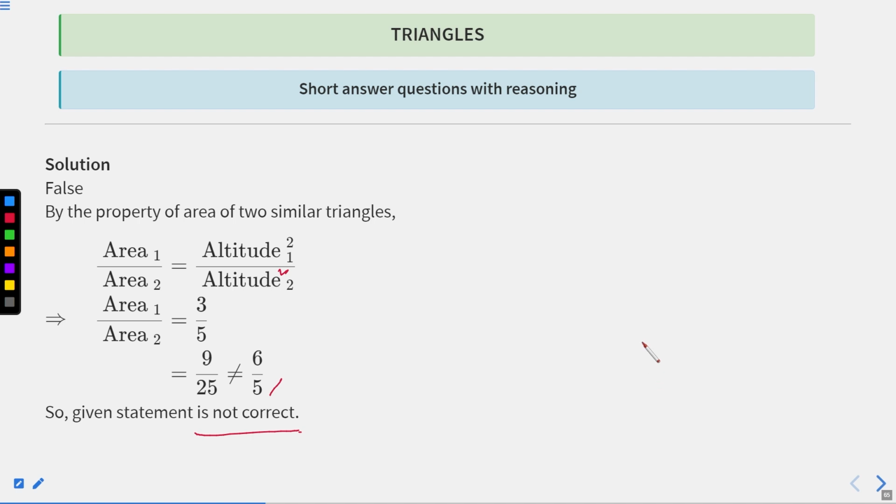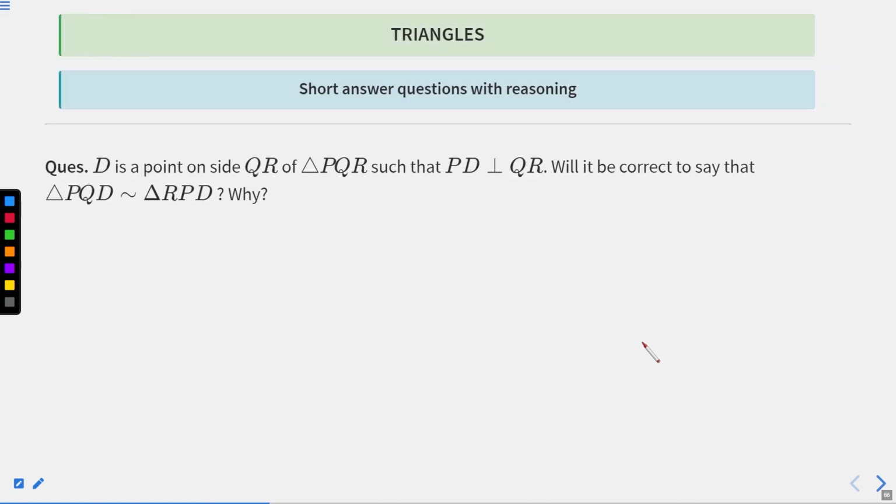Now let us move to the next question. In the next question, D is a point on side QR of triangle PQR such that PD is perpendicular to QR. Will it be correct to say that triangle PQD is similar to triangle RPD, and why?